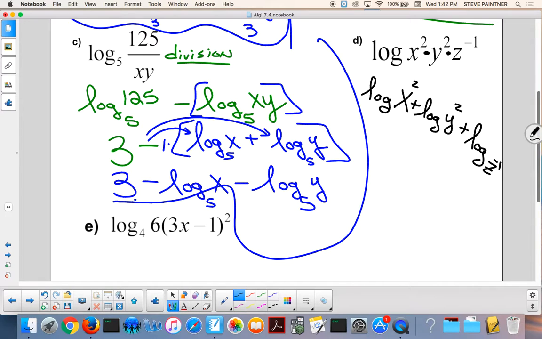But every one of those numbers you took the log of has powers, so I'd apply the power property, right? 2 log of x plus 2 log of y plus -1 log of z. Do I need to write plus -1? No, just write minus log of z.